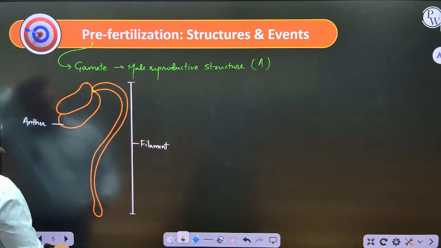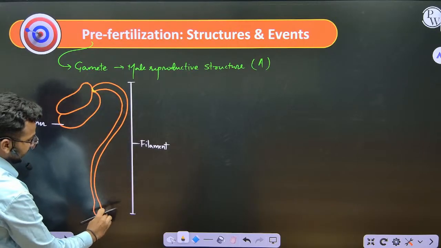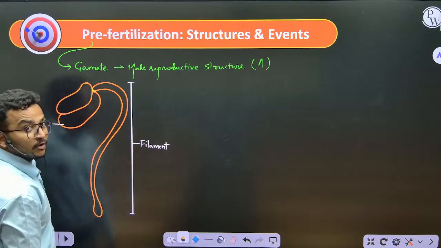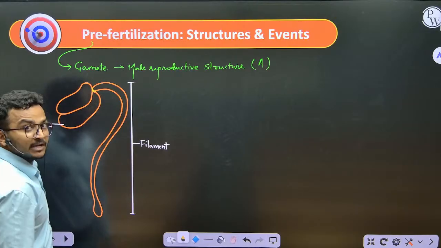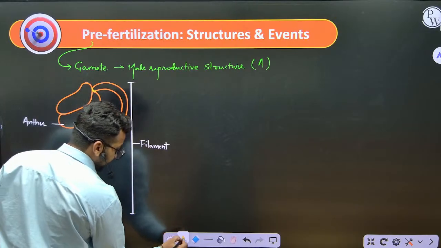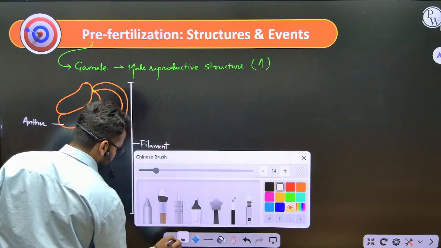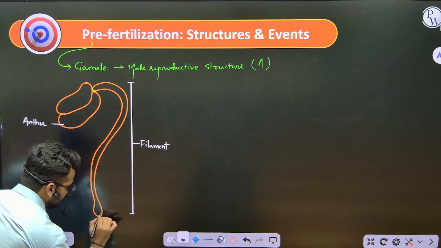Now, this end of the filament I am calling the proximal end.